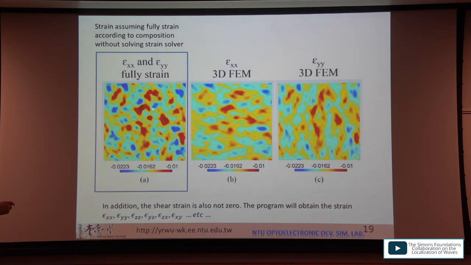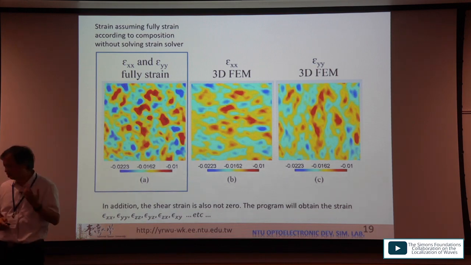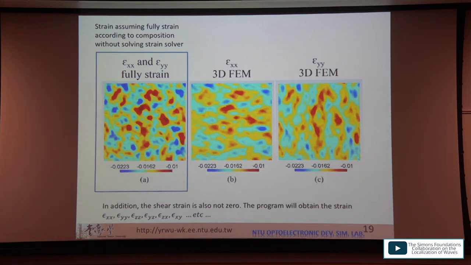The strain change in here is larger, but if you actually solve it, you find some parts more compressive here, but a little bit of strain relaxation in the lateral direction. So we still need to consider the strain in the quantum world because the simulation results suggest that there is something different. Right. Yes?